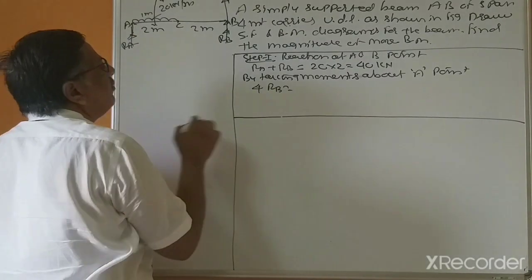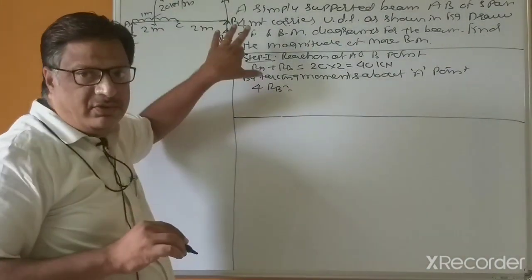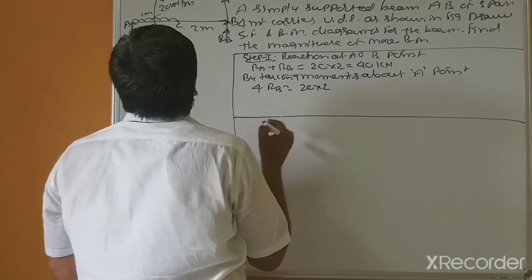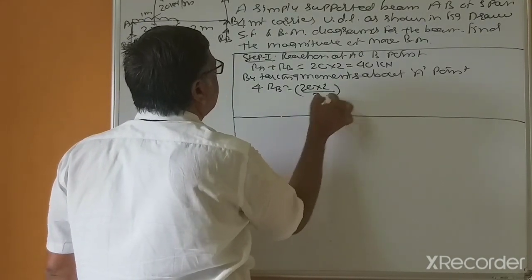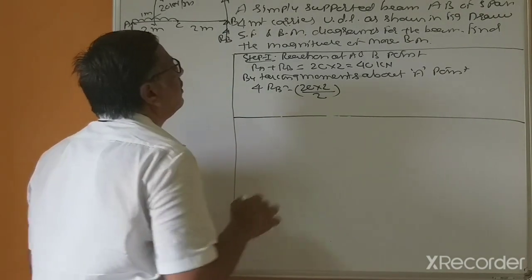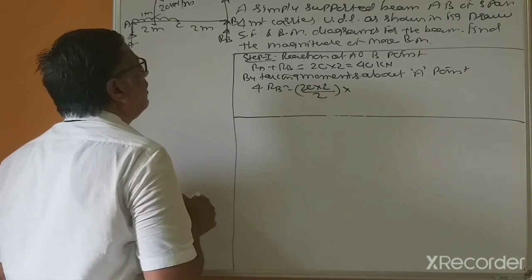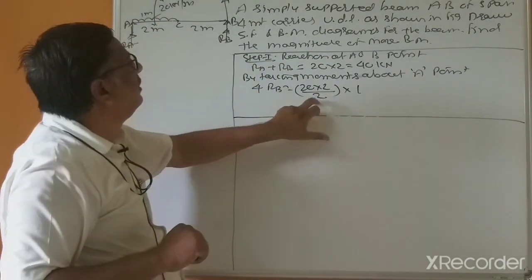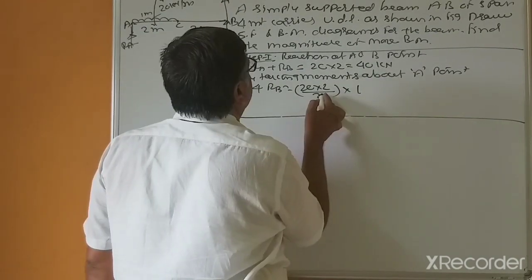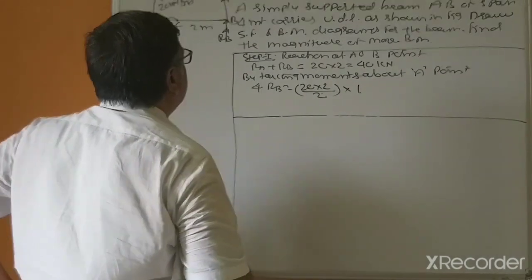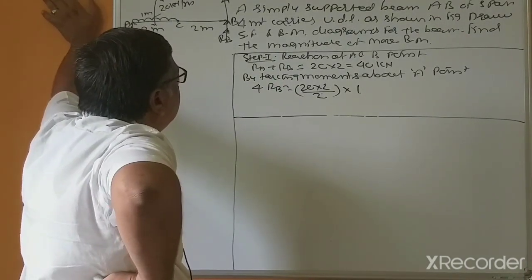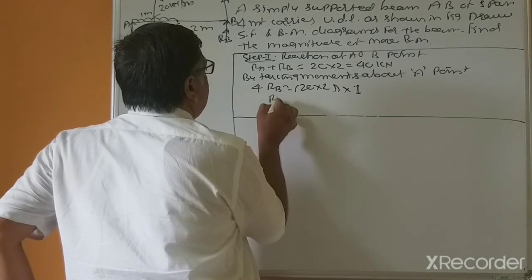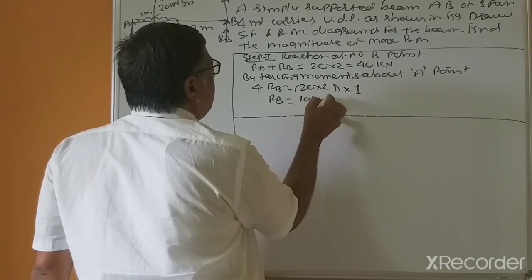RA equal to, converting the UDL to a concentrated load, 20 multiplied by 2, divided by this 2, and this is half the concentrated load multiplied by the distance. So RB equal to 10 kilonewton.